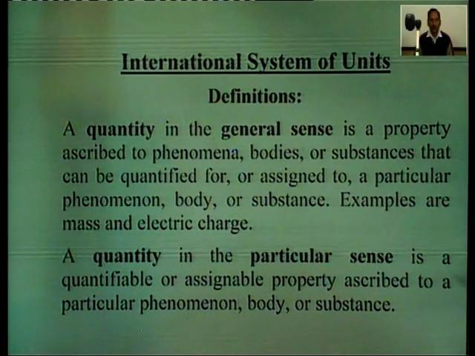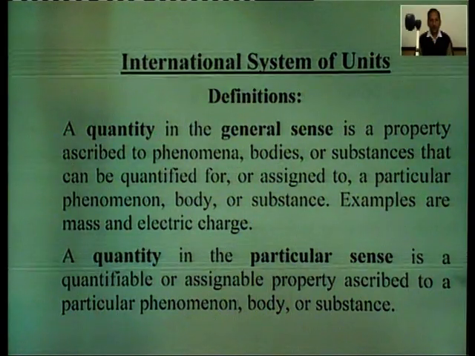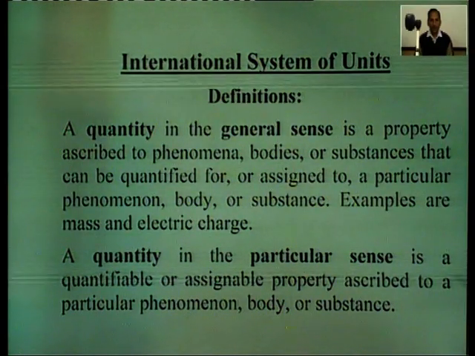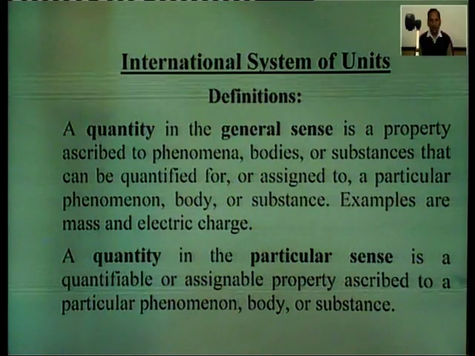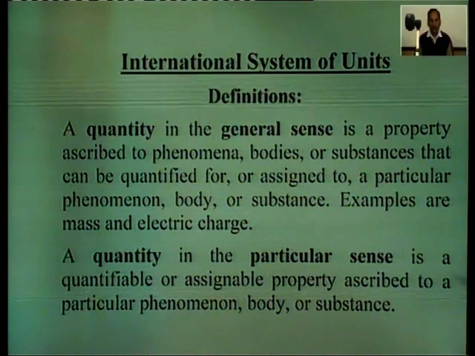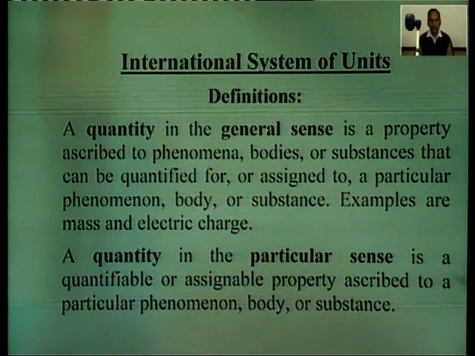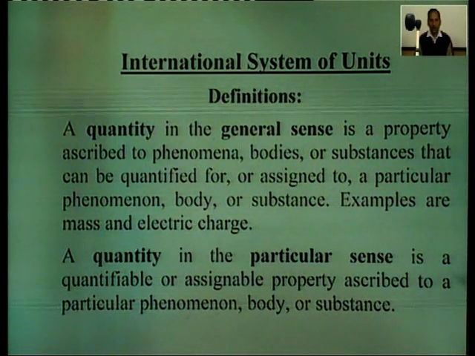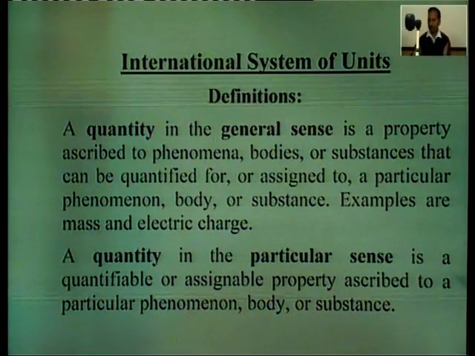Examples are mass and electric charge. A quantity in the particular sense is a quantifiable or assignable property ascribed to a particular phenomenon, body or substance.